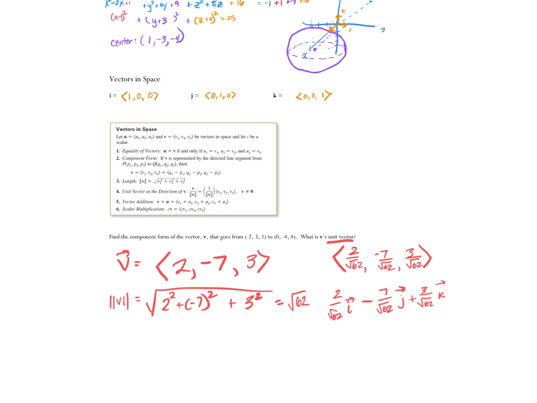I'll give you a choice, you need one or the other. But I could also not give you a choice and say, put it in component form, or find the linear combination form. So you should be familiar with both. But knowing one and knowing the other are pretty self-explanatory. Are we feeling good?